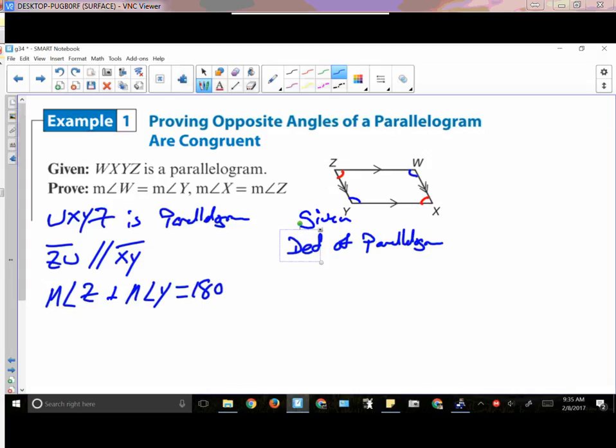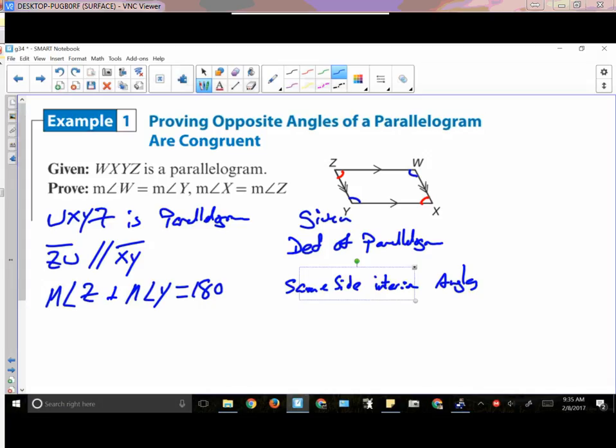And the answer should be yes. Well, we have. This is the same side interior angles. Same side interior angles add up to 180 degrees.